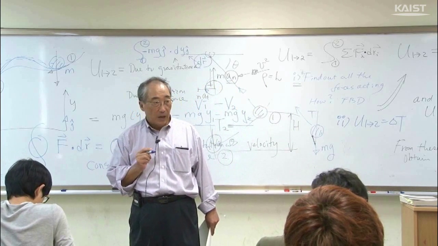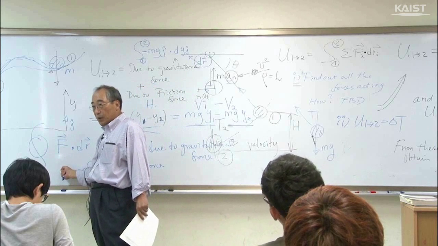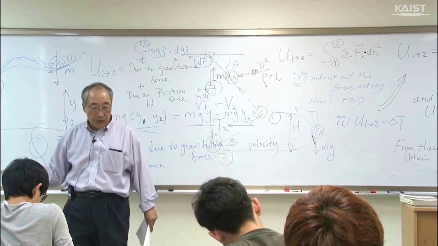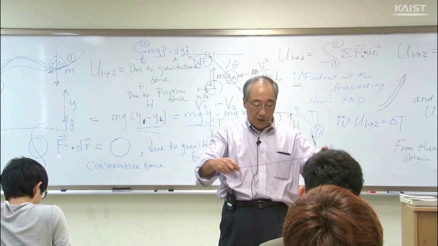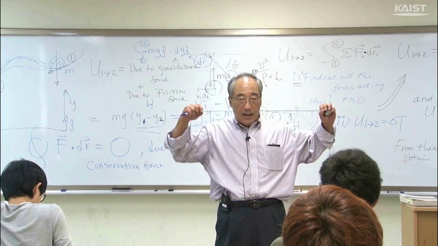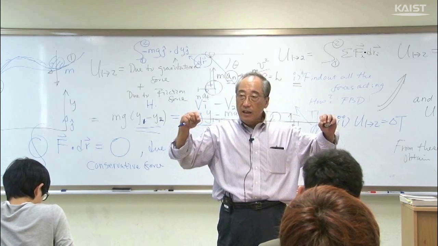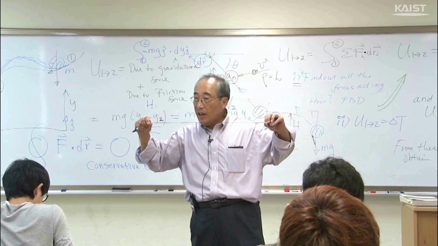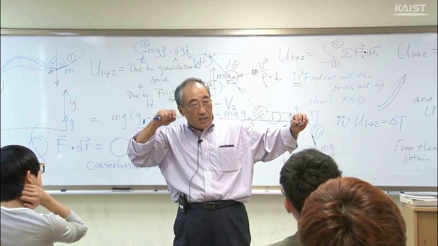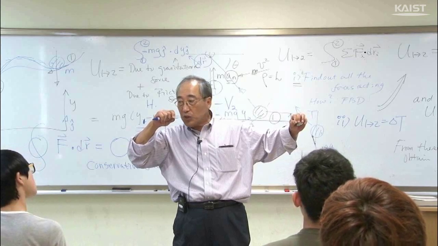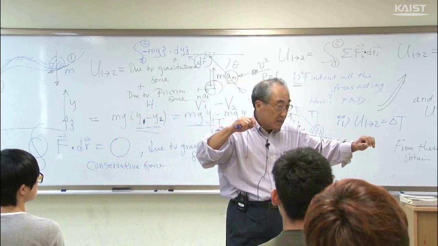Okay. So if we are handling a force that has this kind of property, for example, there is another force that follows that kind of property. For example, if there is a spring, and I elongate it and release it, then the force acting on this spring is F, proportional to the displacement, and we call F equal Kx.